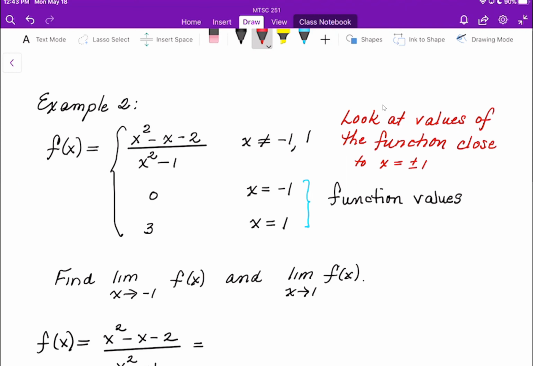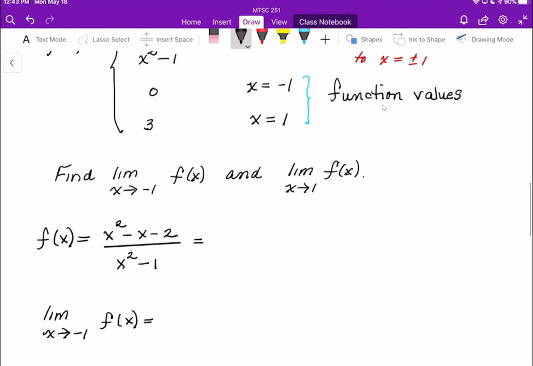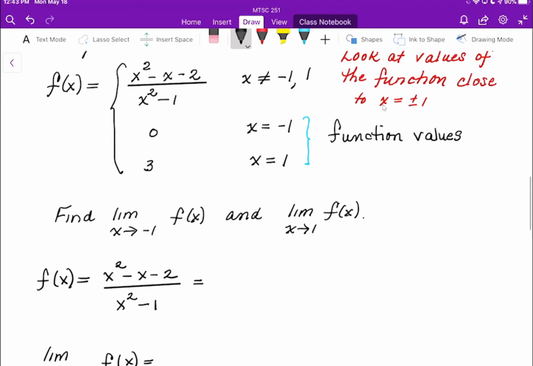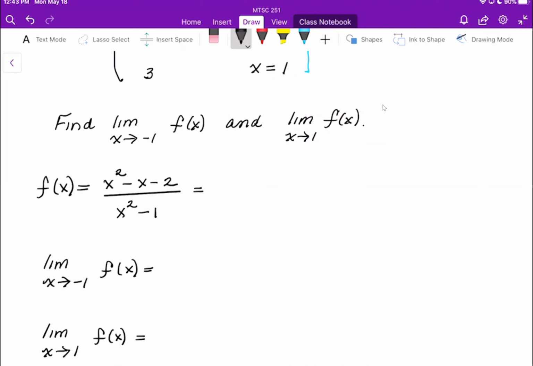So looking at those that are close. When we look at the limit as x approaches -1 and the limit as x approaches 1, if we did direct substitution and plugged it into that function, we would get 0 over 0. So what we're going to do is factor this first.